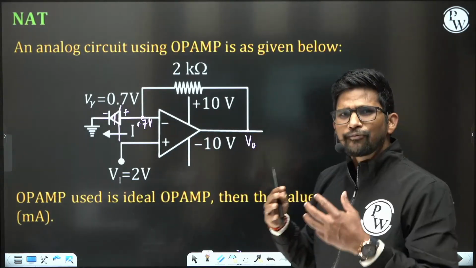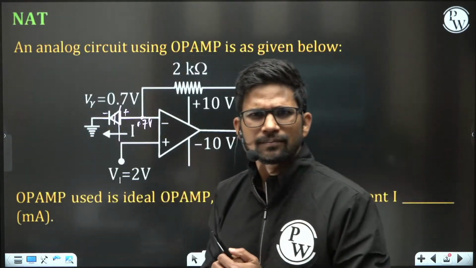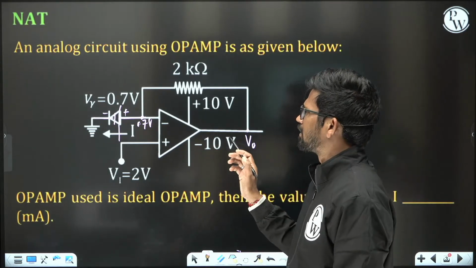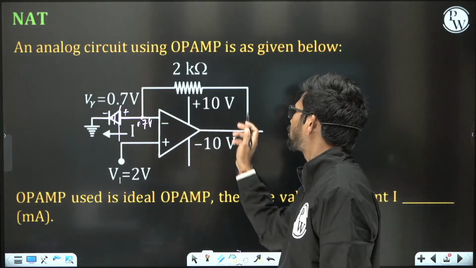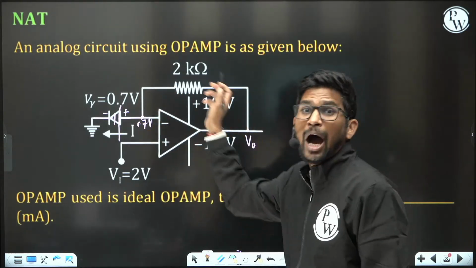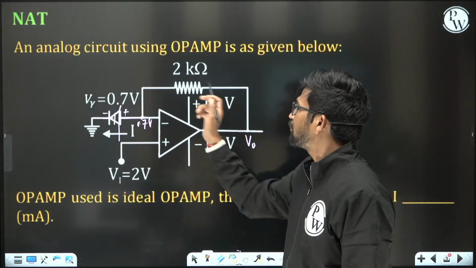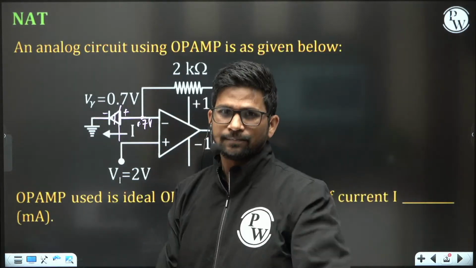Now, can the virtual ground concept be applicable here? Here, it looks like negative feedback is connected through this 2 kilo ohm resistance from the output to the negative terminal, but this negative feedback is not affecting the voltage of the negative terminal.